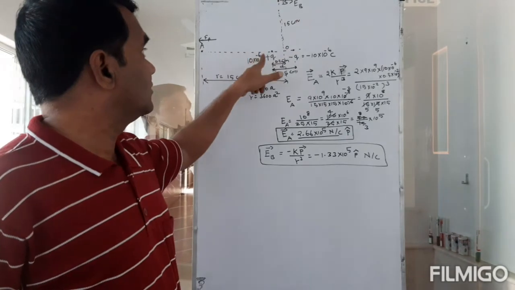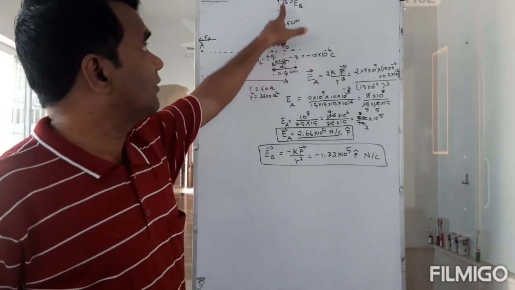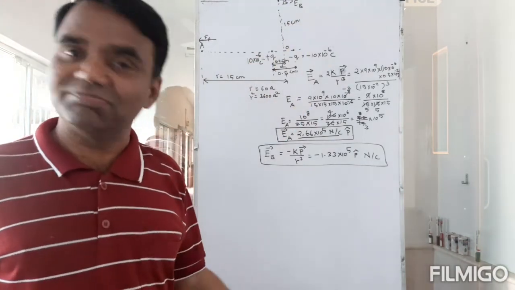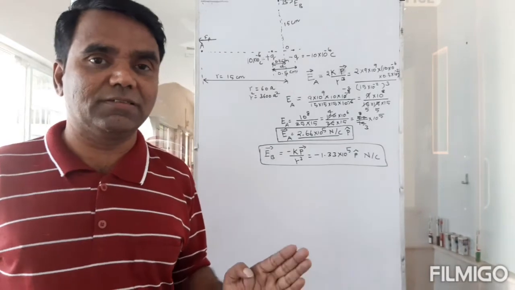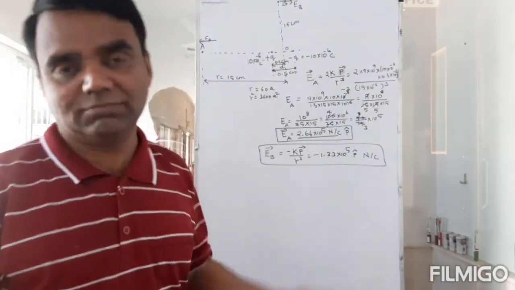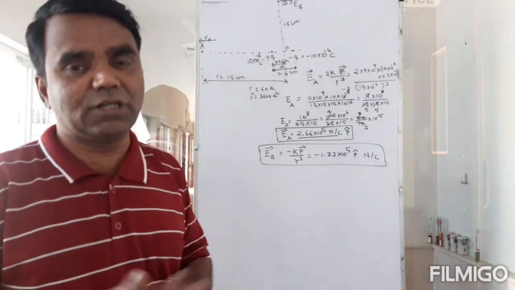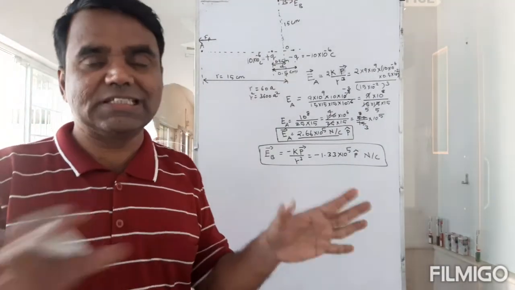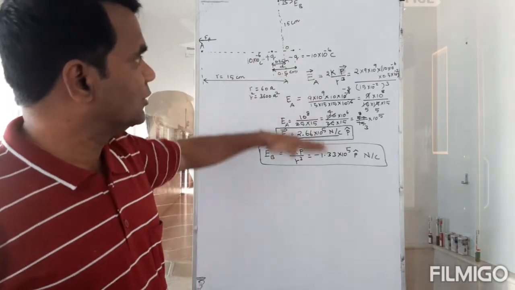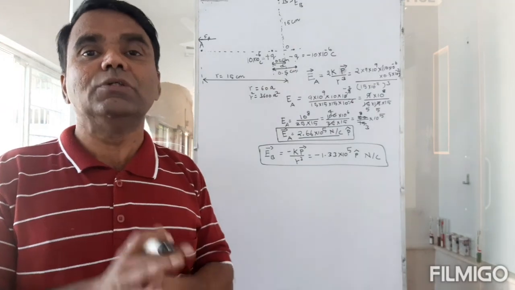Take this charge, find EB plus, take this charge, find EB minus, add them vectorially. Simple. So your textbook does it both ways. Then it's just to tell you that you are going to get the same results either way, approximately same results either way. So we are just skipping that part and then we are doing it using the dipole equation. Hope this is clear to you.